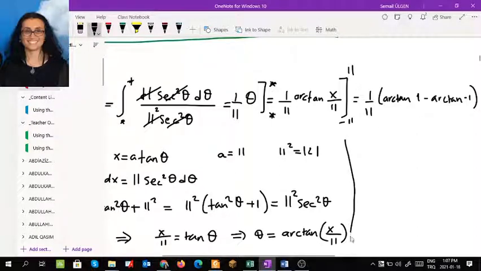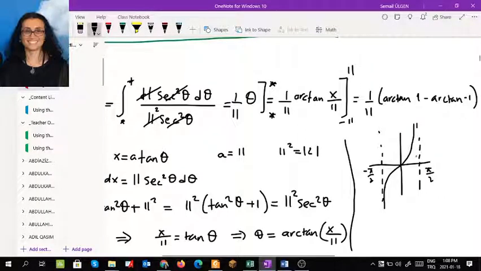Okay, let's put this box here. Tangent has inverse between negative pi over 2 to pi over 2. So if you consider tangent's graph, it is like this, negative pi over 2 to pi over 2.